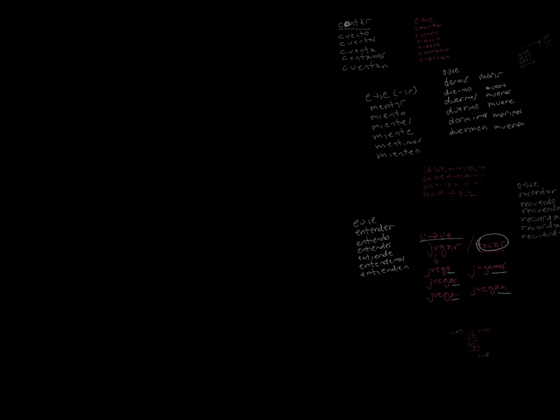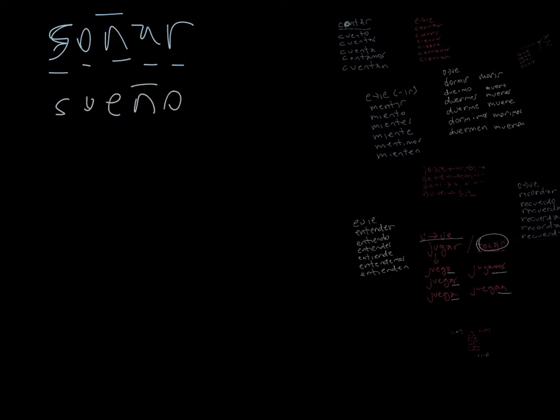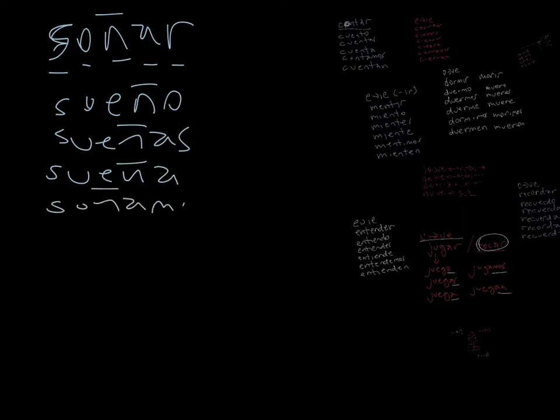So you say to dream is going to be soñar. S-O-N-A-R. Soñar. I dream, yo sueño. You dream, tú sueñas. He dreams, él sueña. We dream, nosotros soñamos. No stem change. They dream, ellos sueñan. Okay?